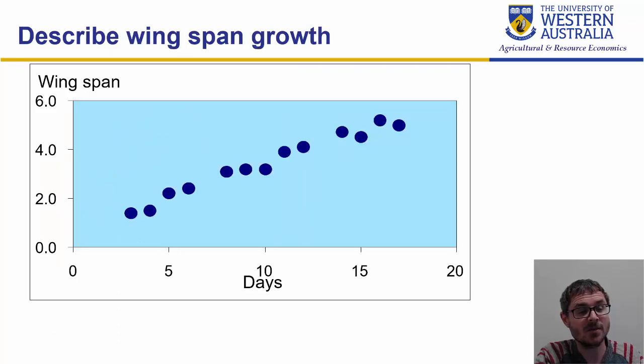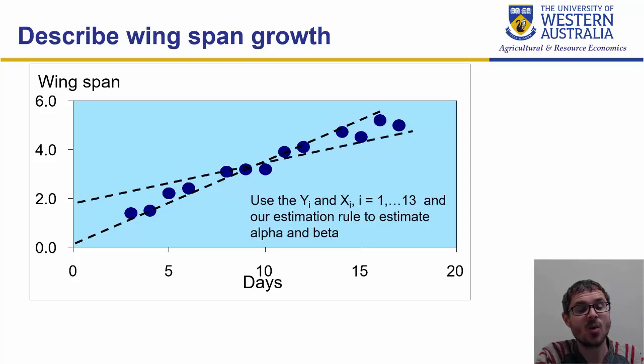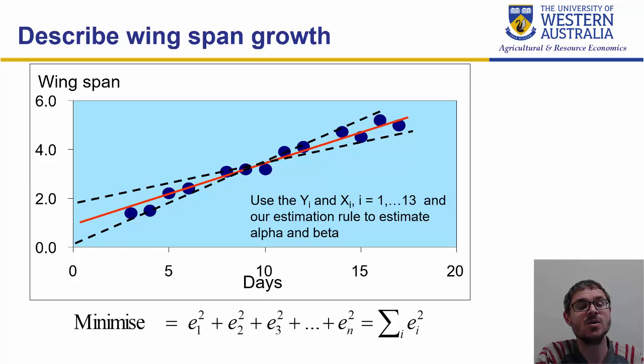So what are we doing? I have some wingspan growth data. I could put all sorts of lines in here. Why do I pick this line over my other possible lines that I could have fitted to the data? I pick this because I use this decision rule, which is to minimize the squared error terms, and this is a good decision rule, okay?